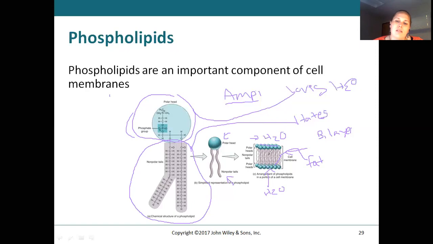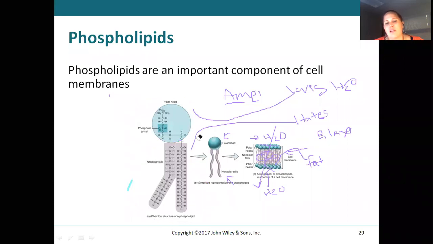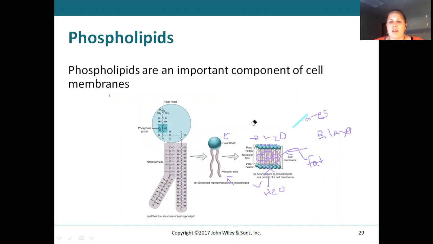The reason it does is because this fat layer is hard for other polar molecules to come through. So it helps create a nice fatty selective layer for the cell, and not everything is able to enter. It's a little layer of fat protection. So other polar molecules can't just enter the cell freely. So that is the phospholipid bilayer.